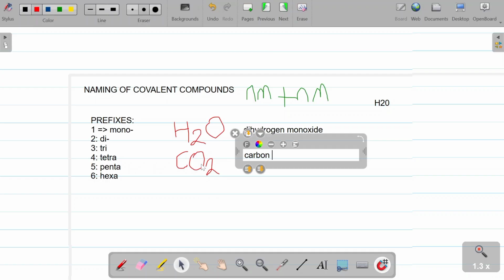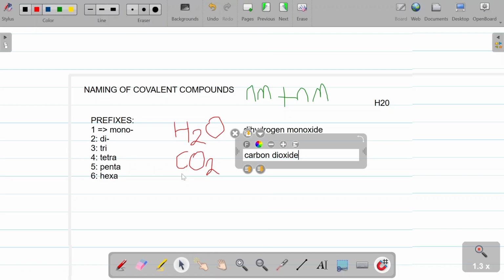So now let's continue. We have carbon, and then our next element is oxygen, and we have two atoms of oxygen. Now, how do we name this? What's the prefix we would use? Di. So we say carbon dioxide. And in case you haven't noticed, we're not saying carbon dioxygen. No, no, no. We're saying carbon dioxide.